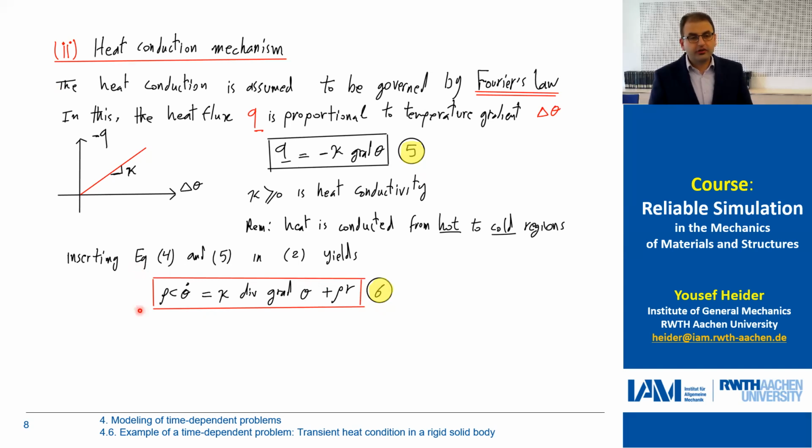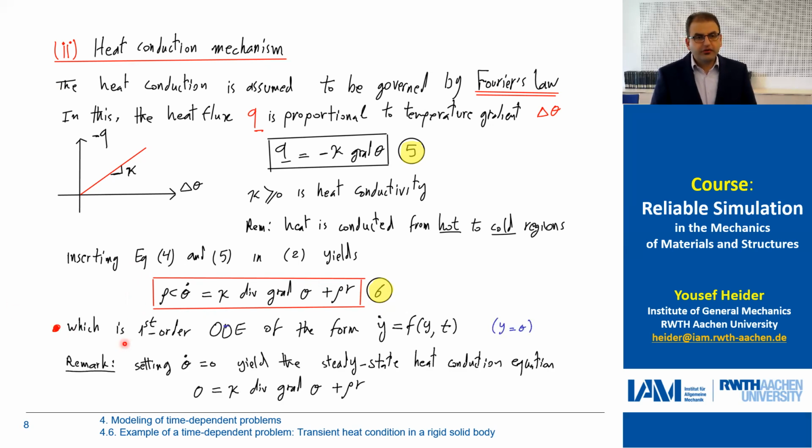So we have no contribution of the mechanical deformation. This is a first order ordinary differential equation. We see here we have zeta dot, and we have here zeta, and some other terms which might also change with time.